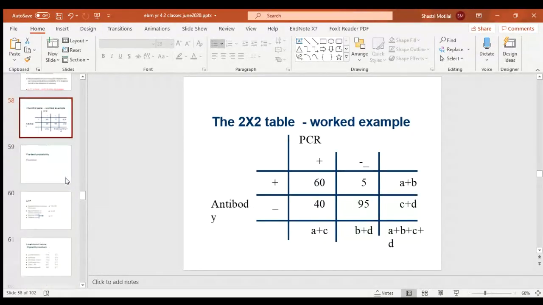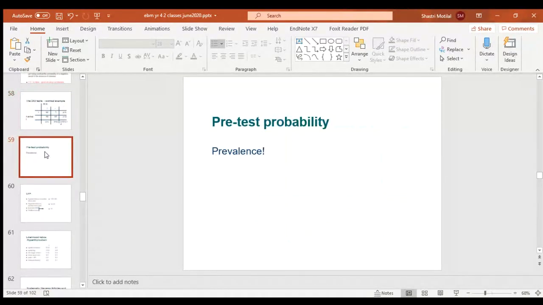The other thing I would say as we wrap up diagnosis is this thing called the pretest probability. The pretest probability, as the word suggests, is the probability that the person has the disease before you test them. And the point I'm making is that pretest probability and disease prevalence are roughly the same.